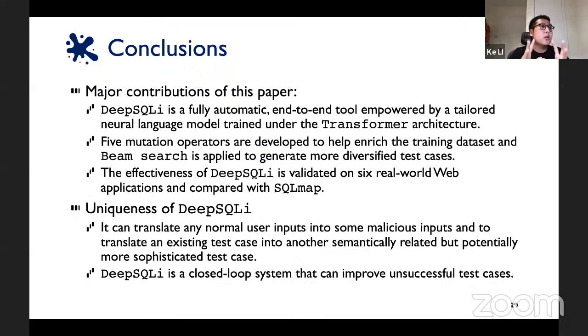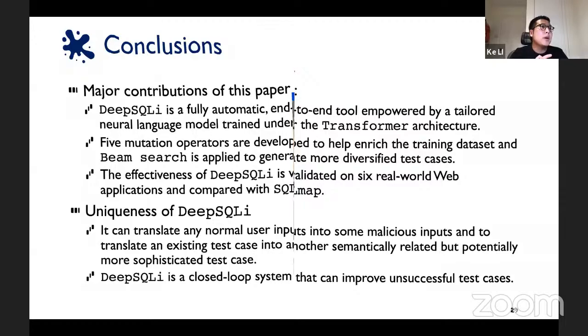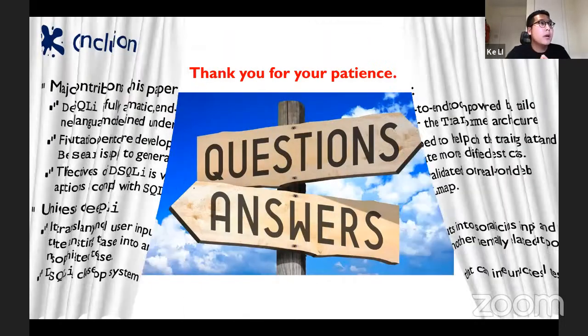I think the uniqueness of our deep security is that it is not only able to translate a test case to another test case, it can also translate normal user inputs to malicious ones. And deep security is a closed loop system that can improve itself from unsuccessful test cases. So I think that's all about my talk, and thank you very much for attending.